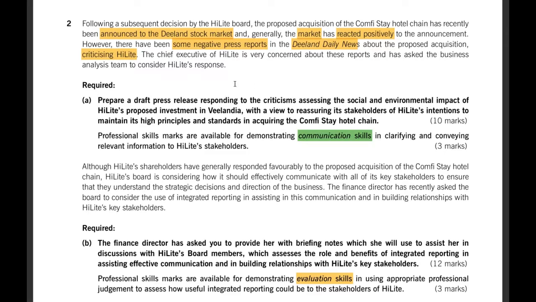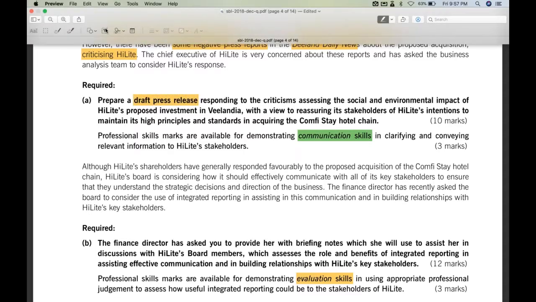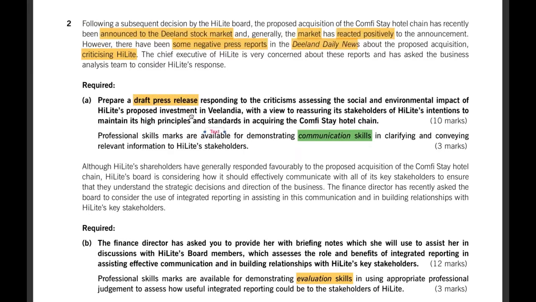You are to prepare, so what are you supposed to be preparing? A draft press release. What should be inside this particular press release?